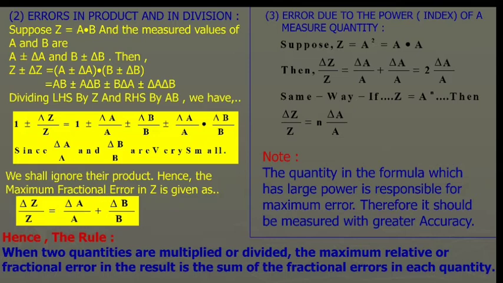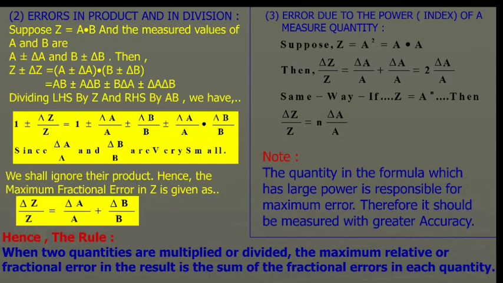Suppose Z is equal to A square, which is A into A. Then delta Z upon Z is equal to delta A upon A plus delta A upon A, equal to 2 times delta A upon A. Same way, if Z is equal to A raised to n, then delta Z upon Z is equal to n times delta A upon A. So, the quantity in the formula which has large power is responsible for maximum error. Therefore, it should be measured with greater accuracy.